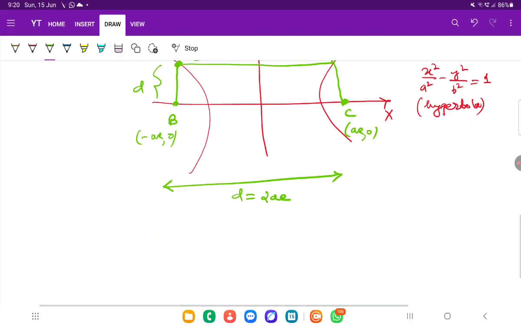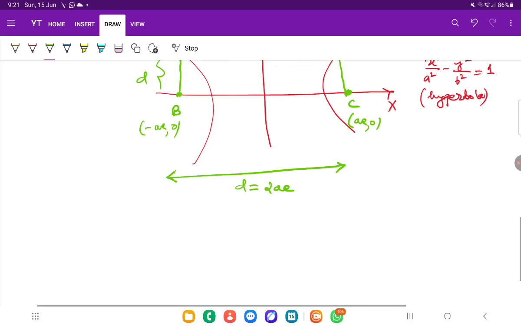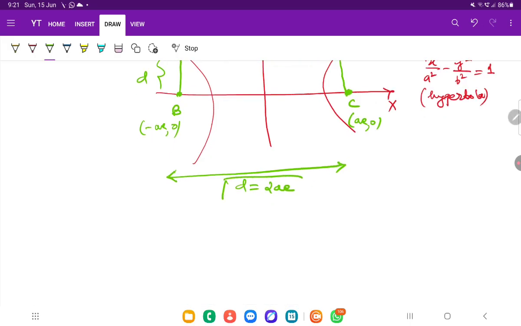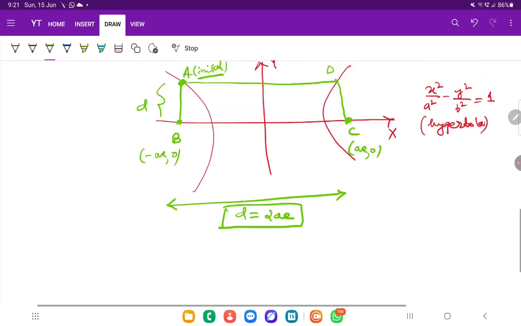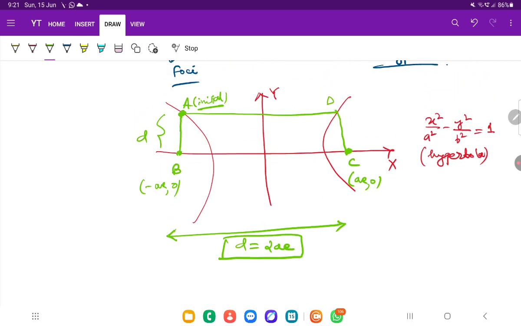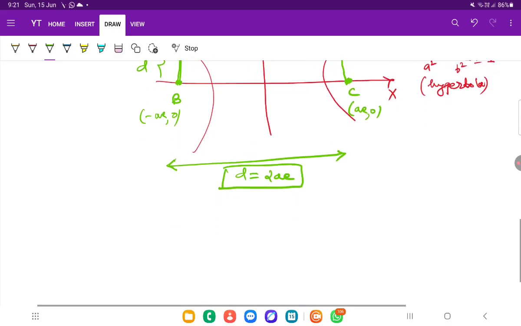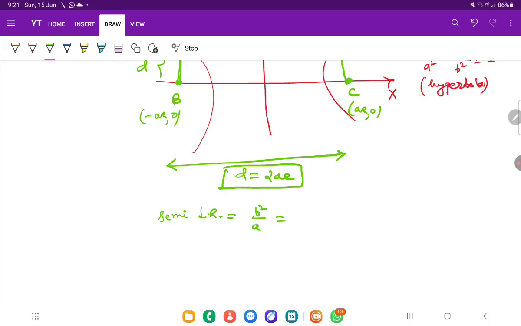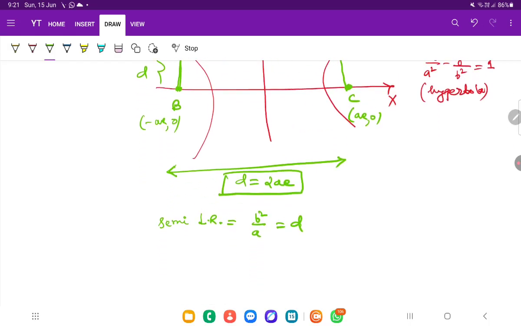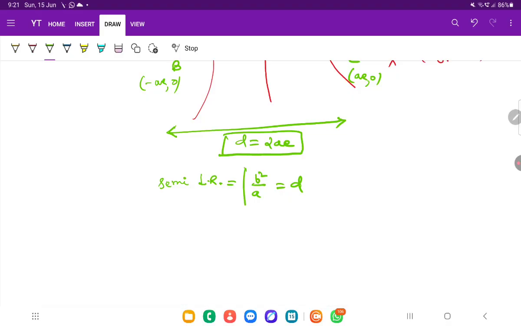Now I'll use two relations from standard coordinate geometry and we'll solve this problem. One is already written: 2ae equals d. Next I'll use the length of AB. AB is nothing but the length of the semilatus rectum, right? Because B is one of the foci of the hyperbola. So the length of the semilatus rectum will be b square upon a, and that equals d. These are my two equations, and I'll solve them.